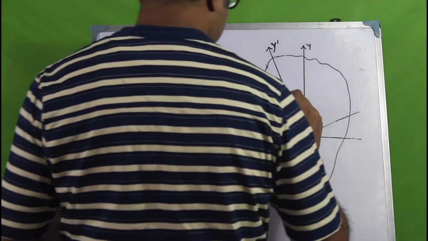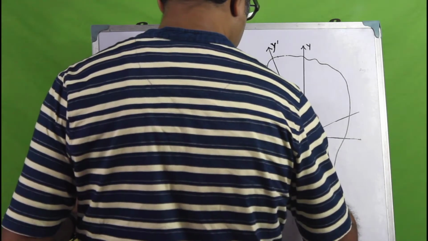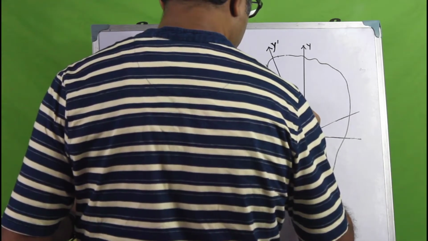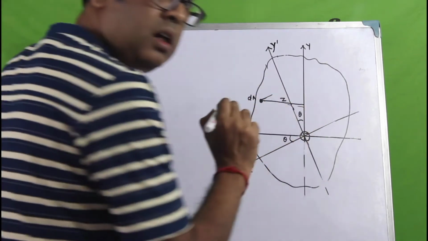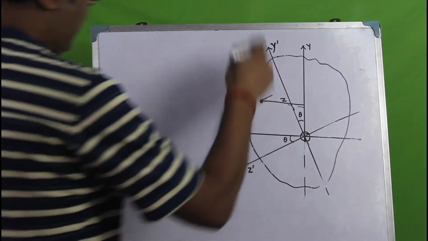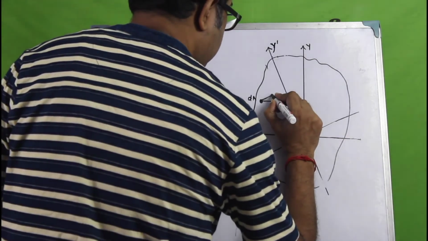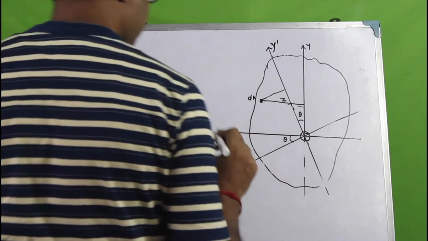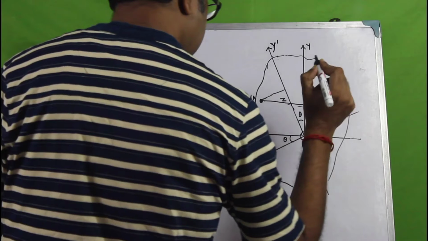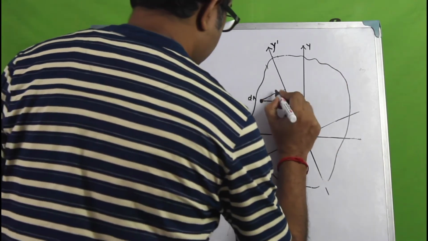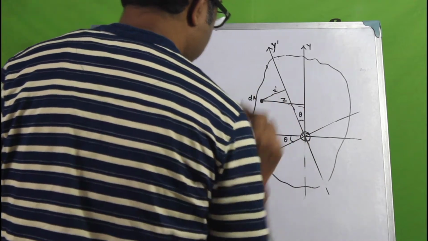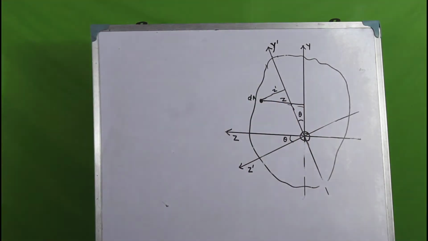Similarly, the distance of dA from the inclined y dash axis would be given by z dash, which would be parallel to this z dash axis. These are small letters.